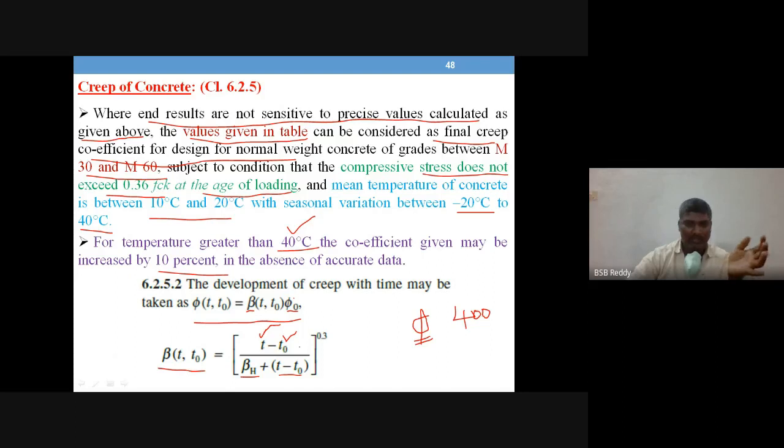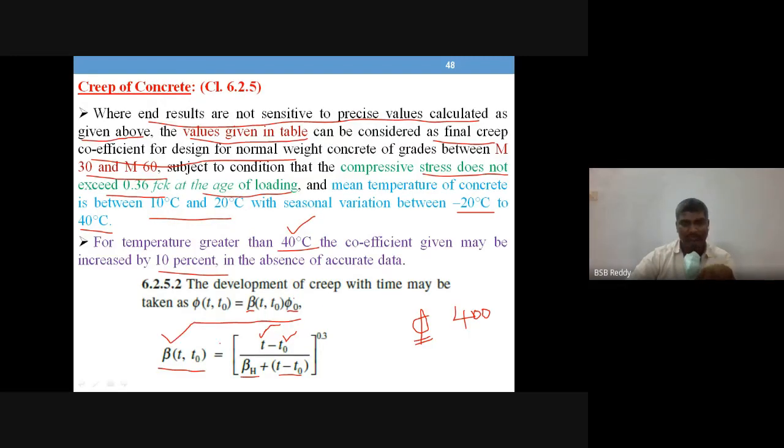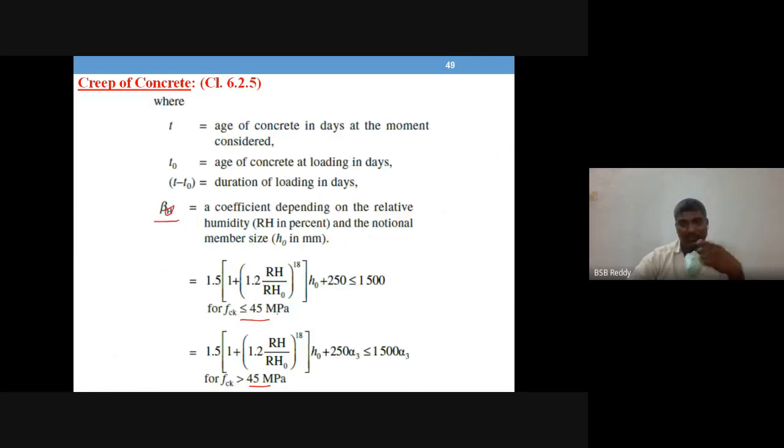To estimate beta H, you have formulas again depending on the grade of concrete, which again depends on humidity. H refers to humidity percentage. So likewise, you can estimate the beta value. The time variant and also the humidity variant, everything is involved in this beta, whatever parameters it depends on.